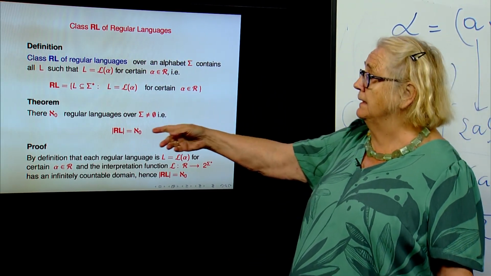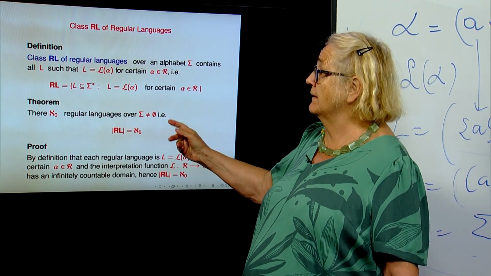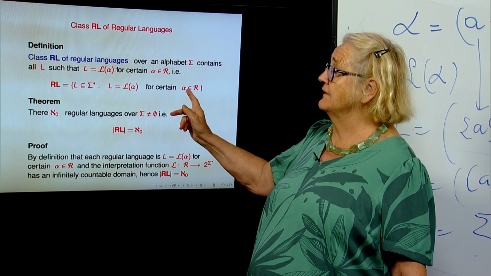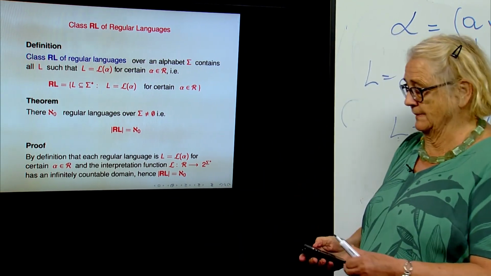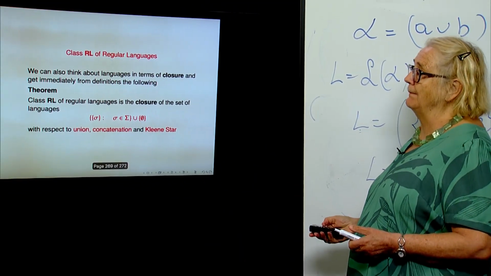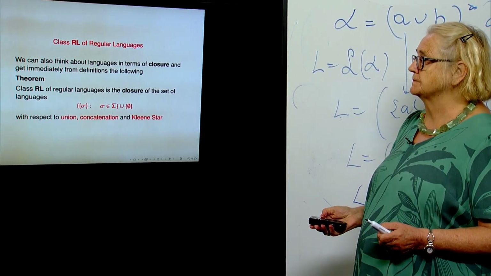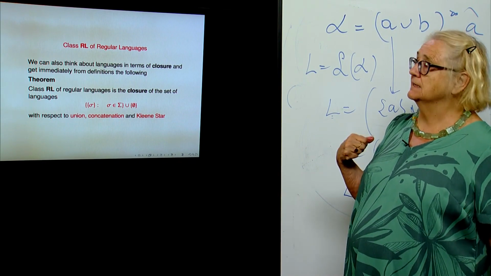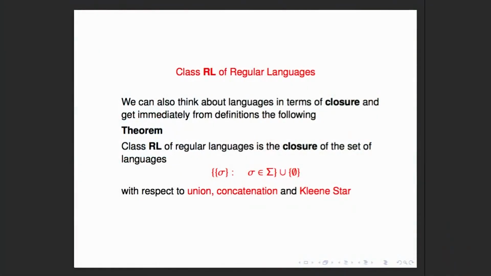There are alpha 0 regular languages because there are alpha 0 regular expressions. So you have countably many regular languages. And the class of regular languages is the closure of the set of one-element languages with respect to union, concatenation, and Kleene Star.